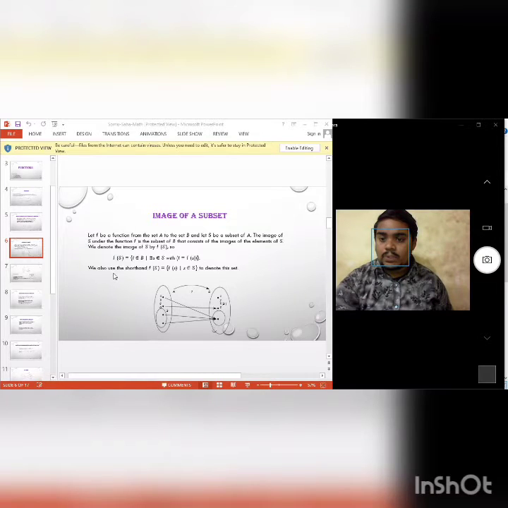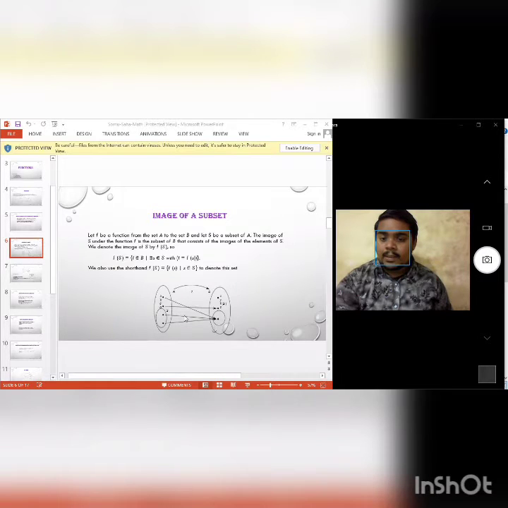We also use the shorthand f(S) = {f(s) | s in S}. The preimage of S is a subset of S. Here we can see the image of A and the preimage is S.